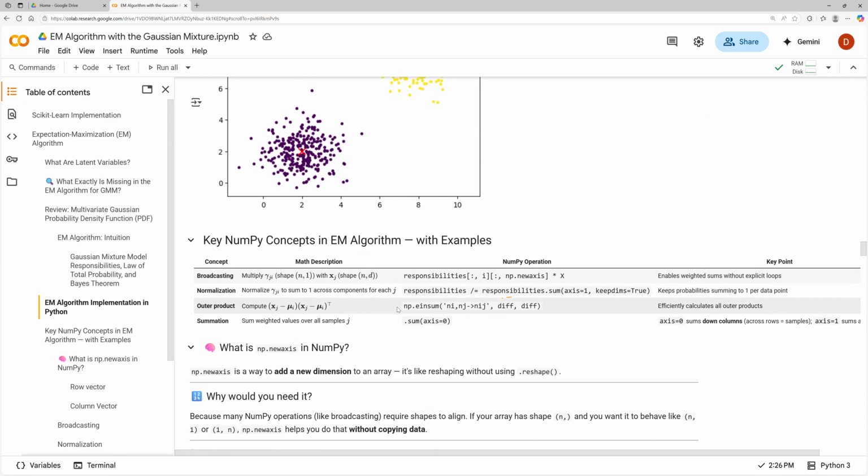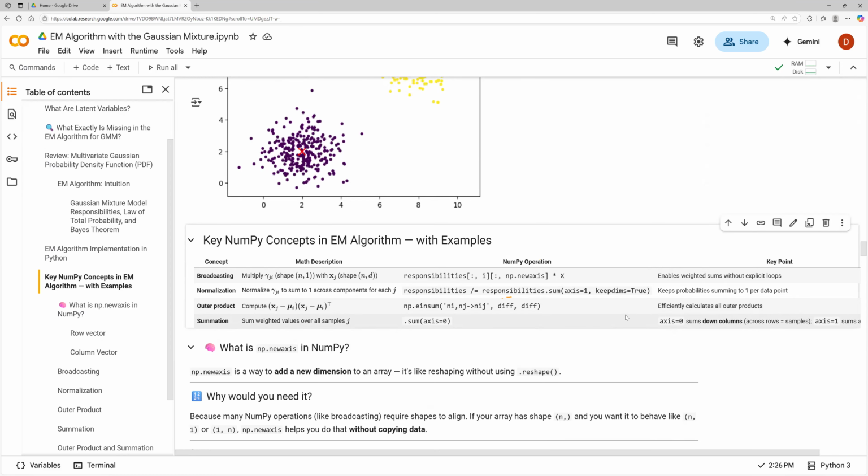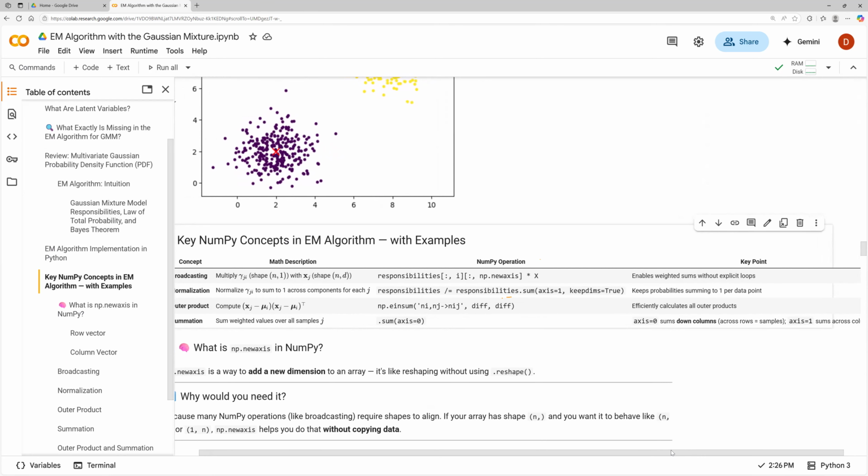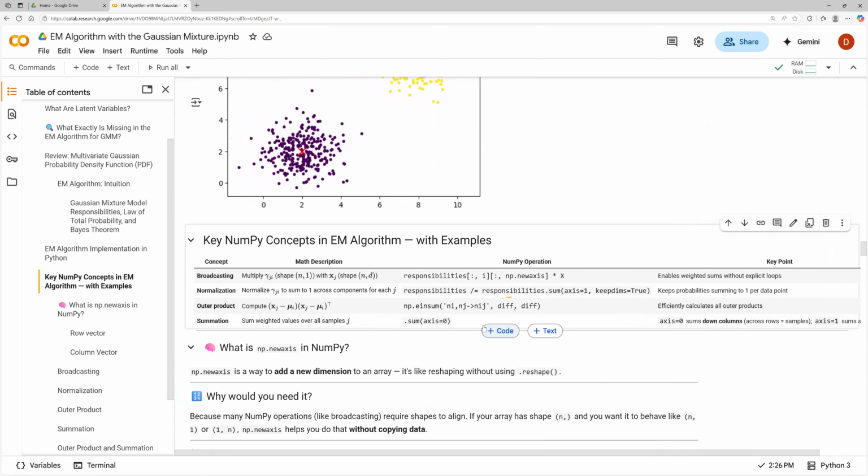Then we use the outer product with np.sum, which efficiently calculates all the outer products, and then we sum weighted values over all samples. Axis equal to 1 sums across columns, and axis equal to 0 sums across rows.